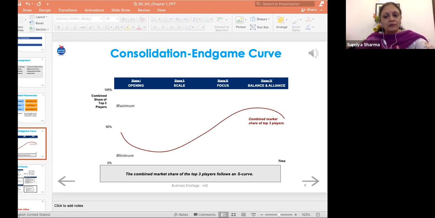So ultimately, a company's long-term success depends upon how it progresses through the stages of this industry consolidation. But here, one thing we need to know: speed is everything. I need to be proactive. A company's long-term success depends on how well it rides its consolidation curve.